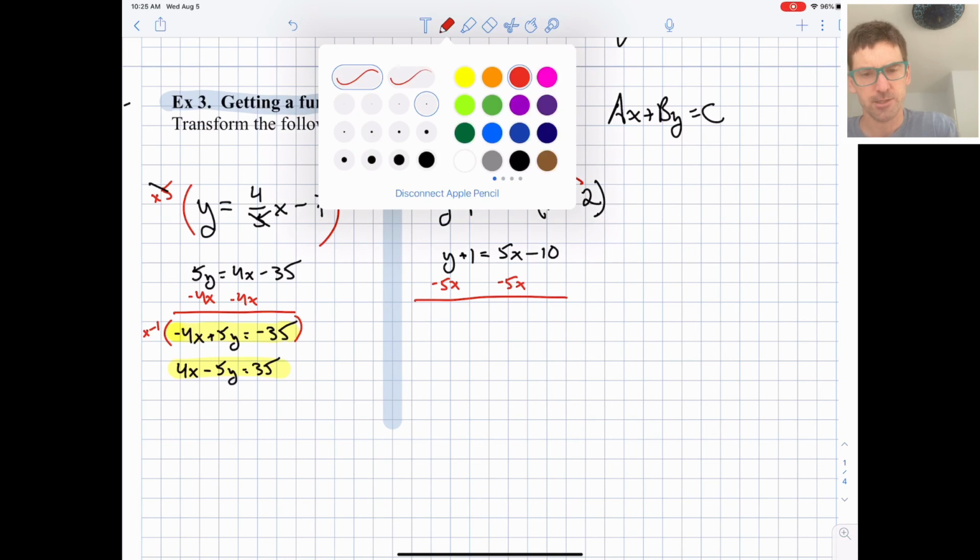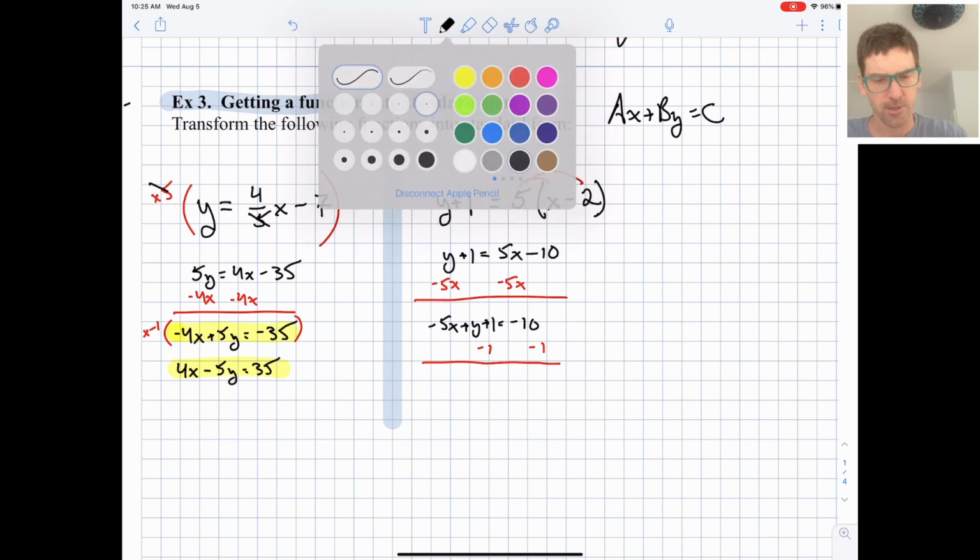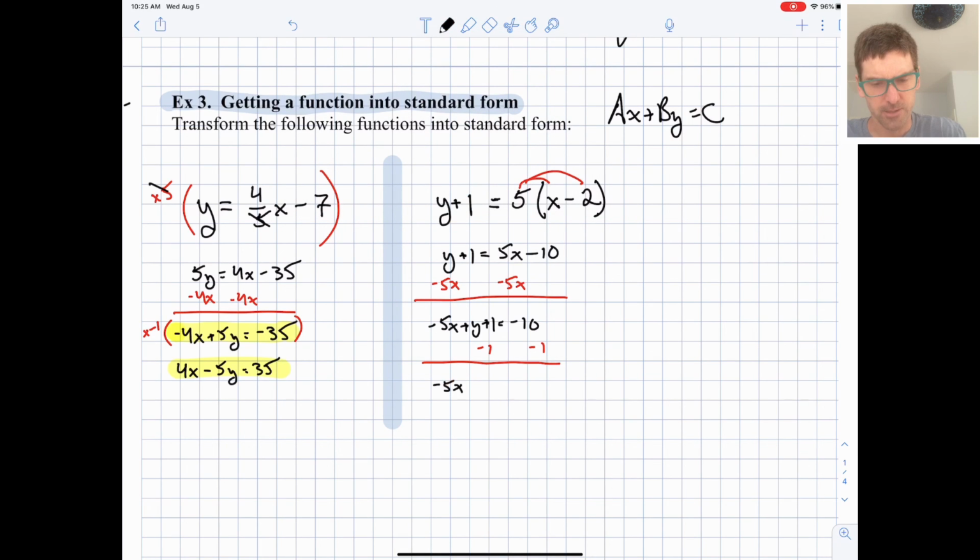And let's see what that turns into. We get a negative 5x plus y plus 1 is negative 10. And we can subtract 1 from both sides as our final step. And we have a negative 5x plus y equals negative 11.